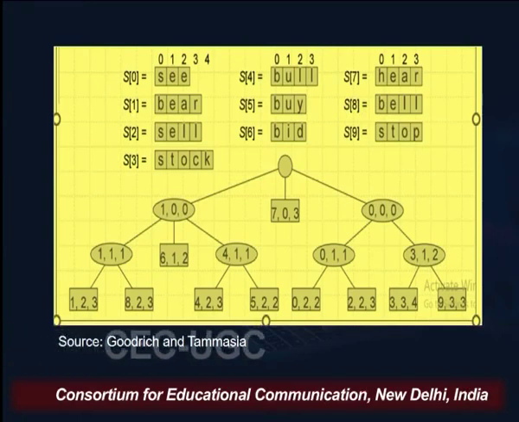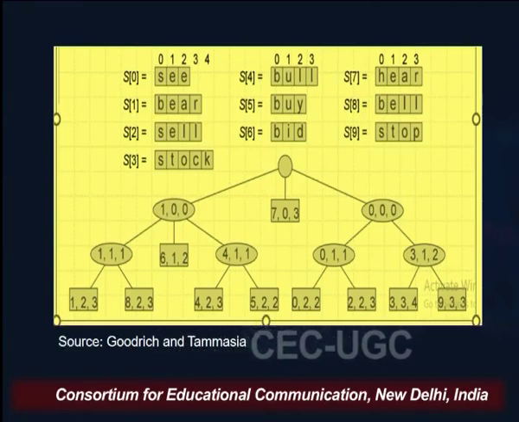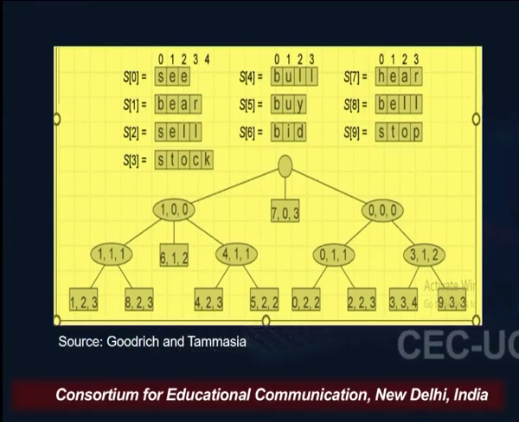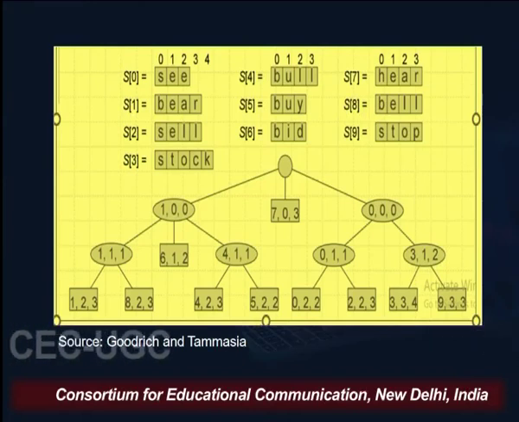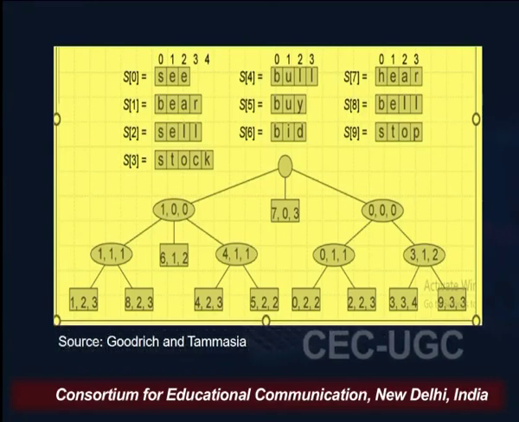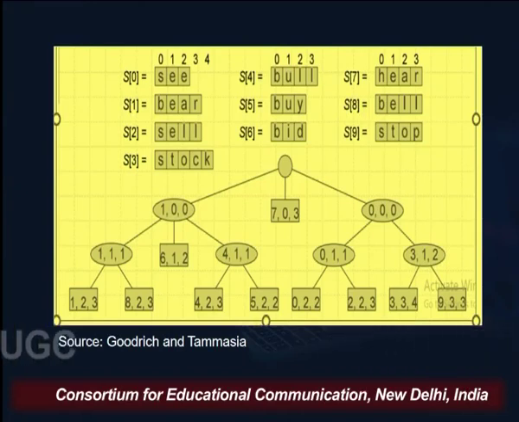So now I am not storing the characters, I am just storing the indices of the ranges. Why am I saying ranges? These two examples 100 and 111 are holding only one single letter, which is B and E. Now if we come to the leaf node, this is giving us 1, 2, 3.